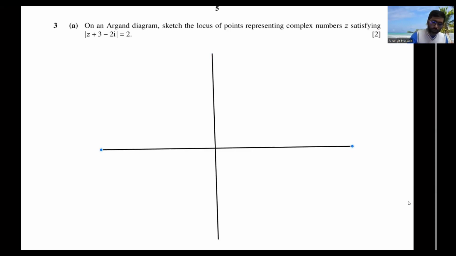Now, see the locus. What will this equation represent? The modulus of something is a constant, so it's a circle.